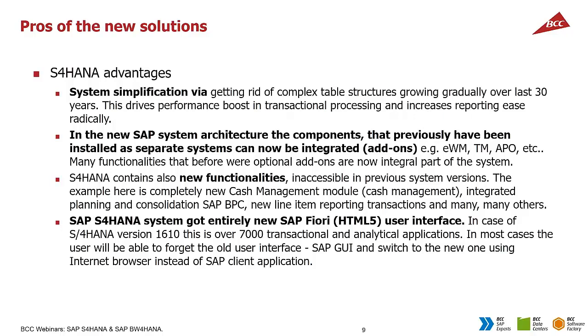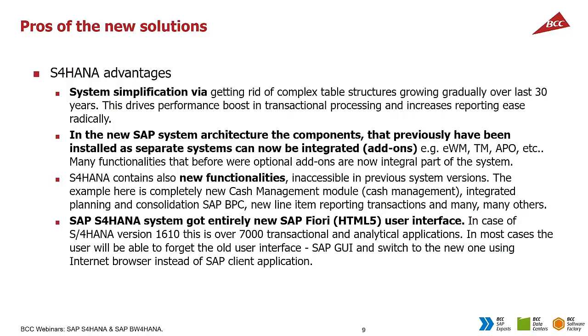And of course, it gives also new possibilities for using this data. For example, reporting can be much easier when you report on one huge table instead of reporting on several tables that were scattered and had different connections, and you had to link them before using them.